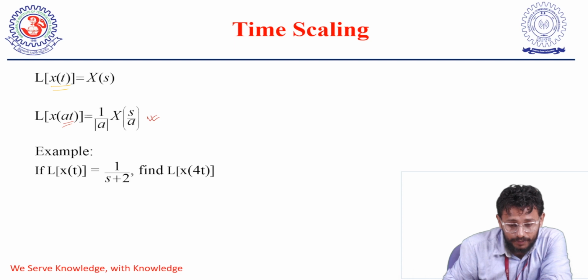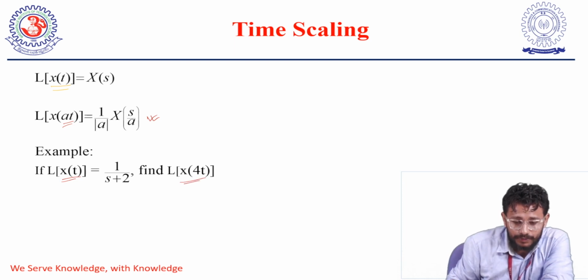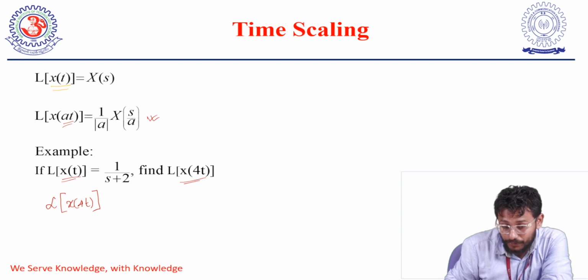What is happening here? If you observe, the first function is in a unitary relation with time, whereas this is 4 times that of the first case. For this, we'll expect the Laplace transform of x of 4t, subject to knowing x of t.